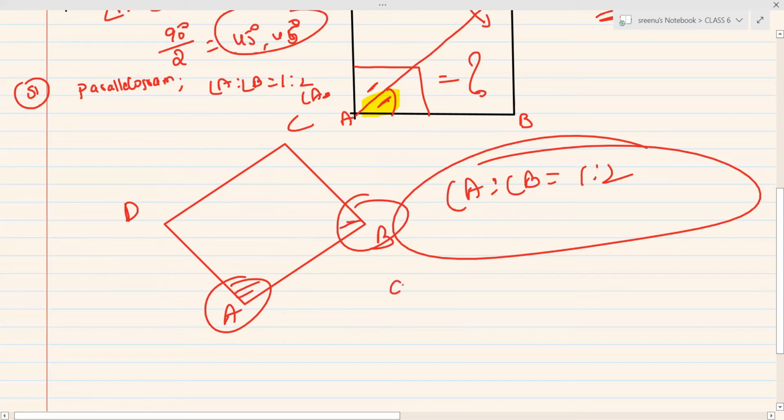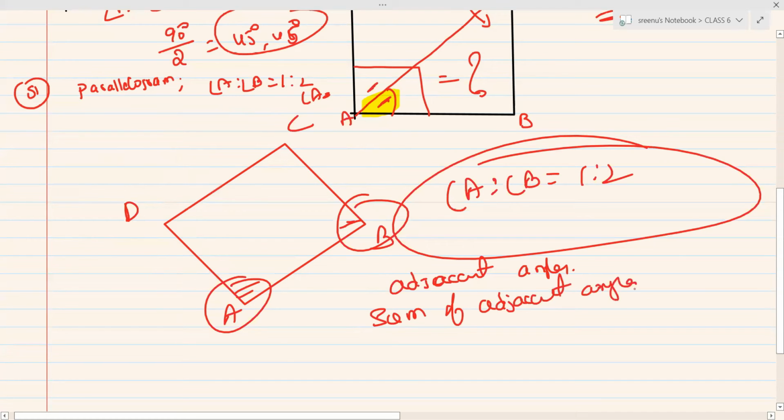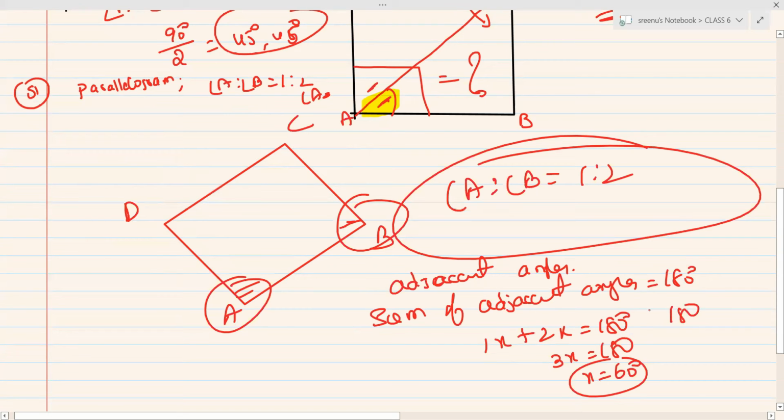So what is the relation between angle A and angle B in a parallelogram? They are adjacent angles. What does adjacent angle say? Yes. Sum of adjacent angles is 180. Sum of adjacent angles in a parallelogram is equal to supplementary or 180. So 1 is to 2, in the sense I shall take 1x plus 2x is 180 degrees. 3x is 180 degrees. x is 60 degrees, 180 divided by 3.